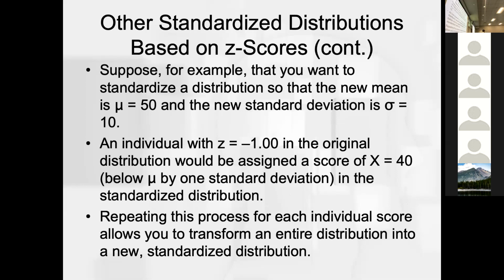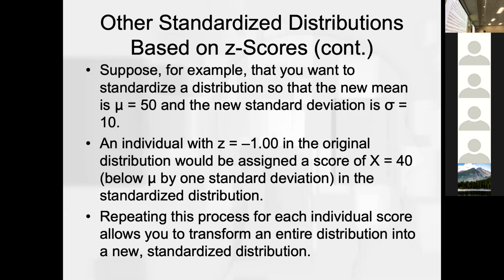So again, suppose, for example, that you want to standardize a distribution that has a new mean of 50 and a new standard deviation of 10. An individual with a z-score of -1 in the original distribution would now get a 40 on this new distribution. So it doesn't really matter what the person's score was before this.